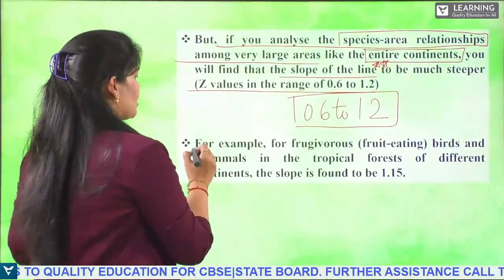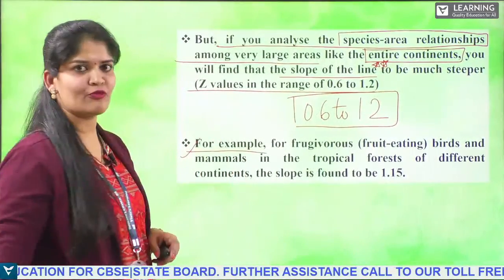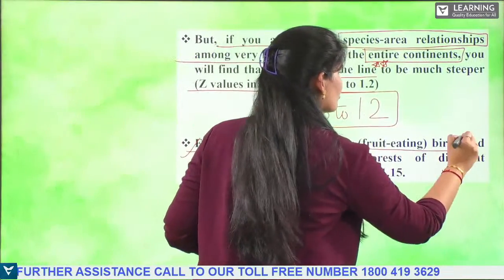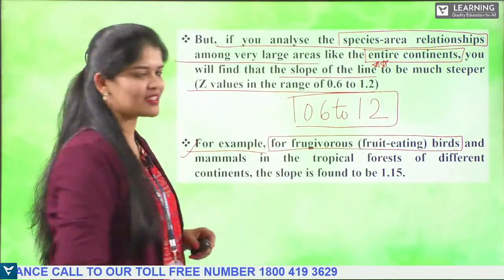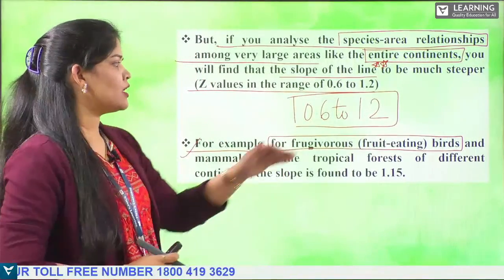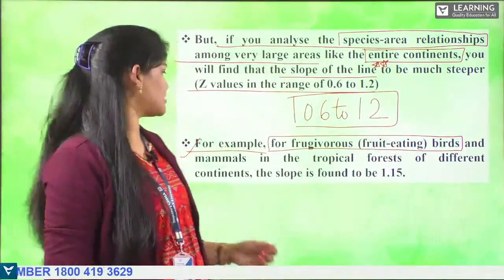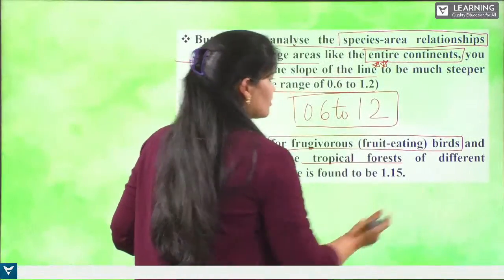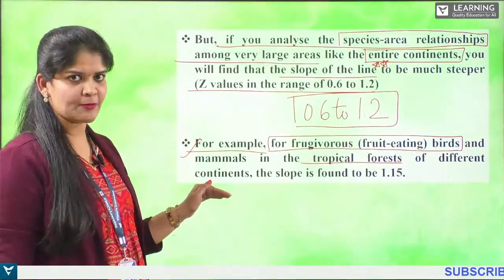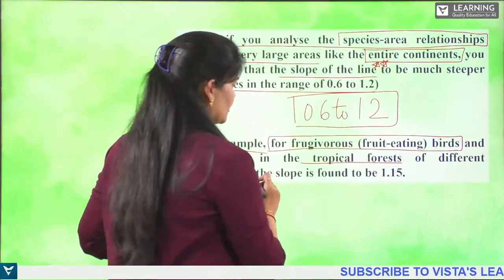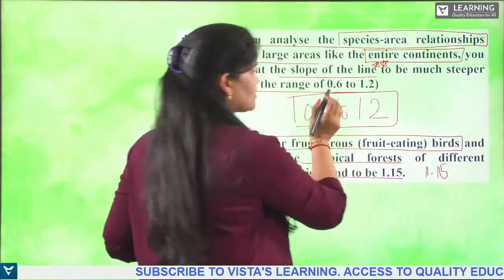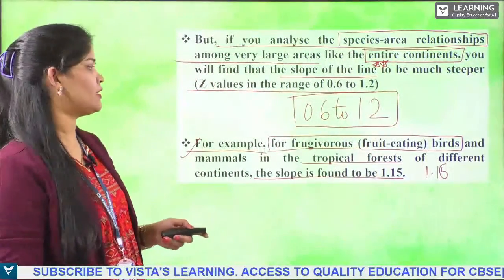Now, take for example frugivorous animals, which means those that feed on fruits. For fruit-eating birds and mammals in the tropical forests of different continents, the slope is found to be 1.15, which falls in this range, right?